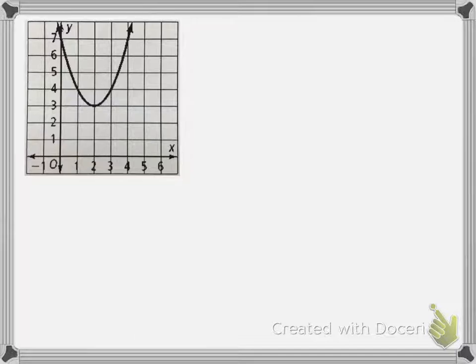All right, first of all, I went ahead and put a picture of the graph up here. And let's try to identify our vertex and some points on that graph that we might use, okay? Let's find our vertex right there, or right about there, let's say.